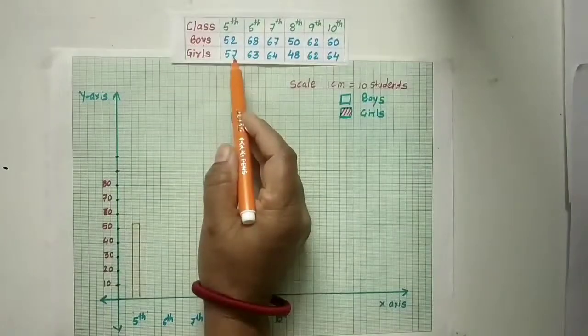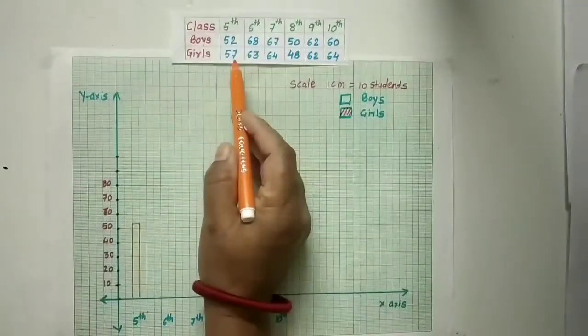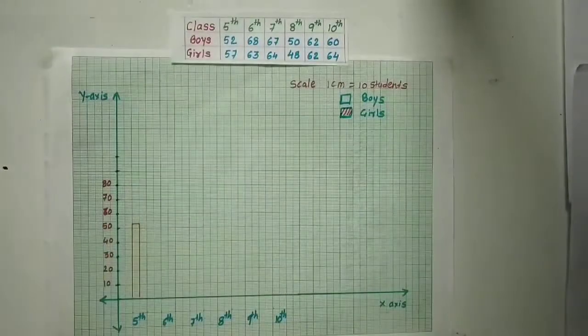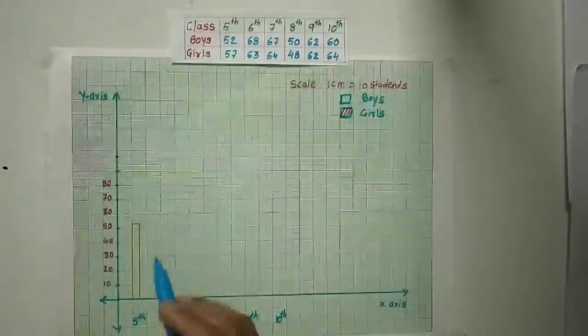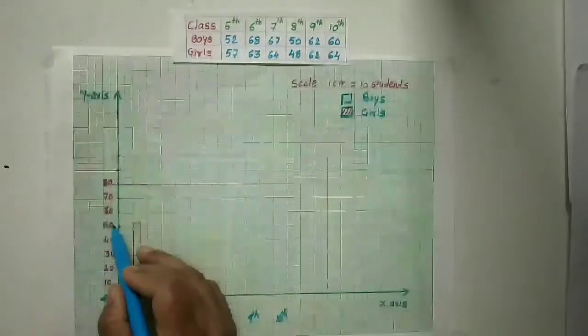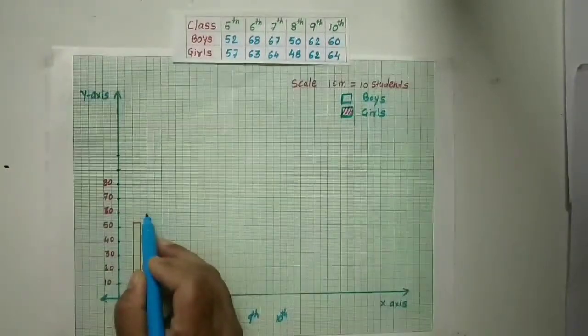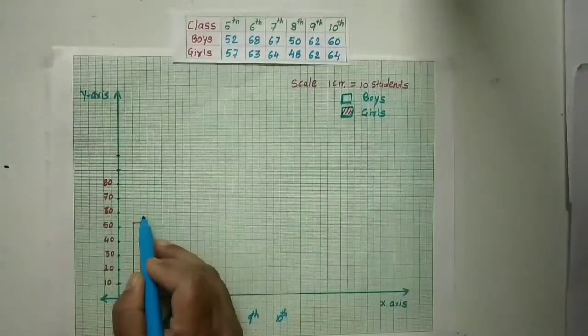And how many girls are there in 5th standard? 57 girls are there. We can use another color also. 57. Where is the 57? Here 50. 50 is here. Here 60. And here is the 57.